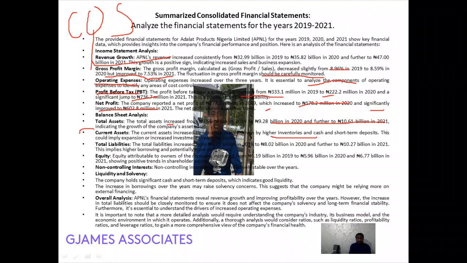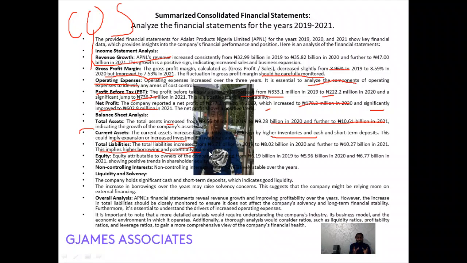Say as a result of expansion, increased investment and the like, you need to establish it and measure the point. Total liability increased also. Why is liability increasing? Are we highly geared? This implies higher borrowing, and potentially it could be dangerous to the organization's health, because bankruptcy may be inevitable.